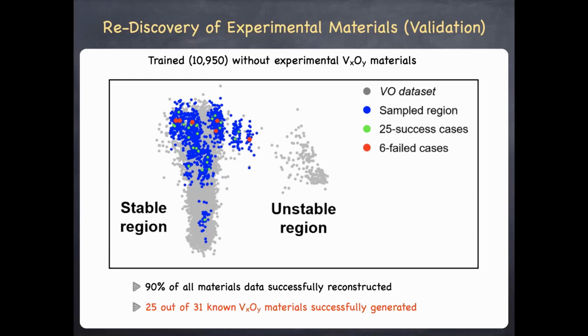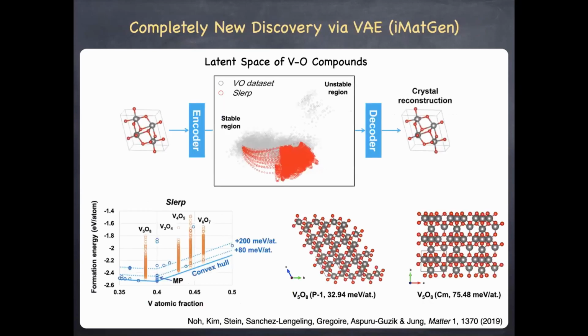And we found that out of 31 that had been excluded from training, we were able to rediscover 25 of them using this generative model. And because you have this latent space, we can sample the latent space and decode it back to a material, and then that's a new material that hasn't been discovered. So that's what we did, and the results are here.